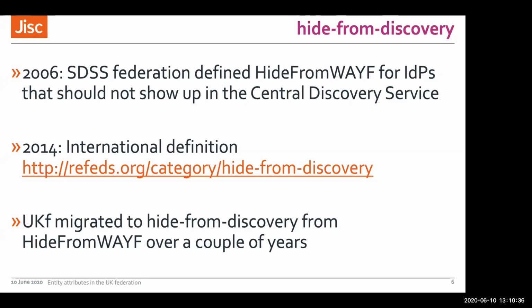I feel that happened more often than not. But nevertheless, one needed a way to hide some IDPs from that discovery service. Perhaps they were test IDPs or IDPs being commissioned. Potentially they might have been inoperable, there might have been some issue with that. But there needed to be some way to hide those.